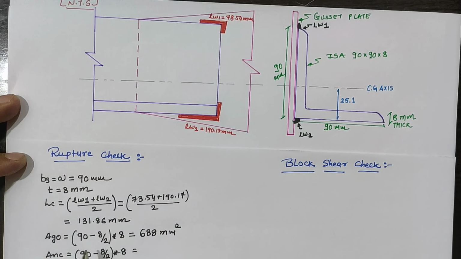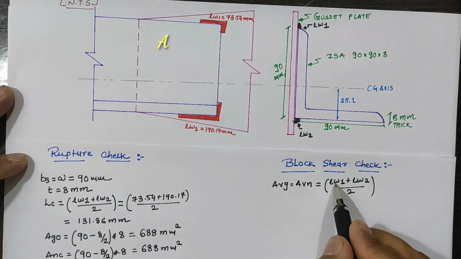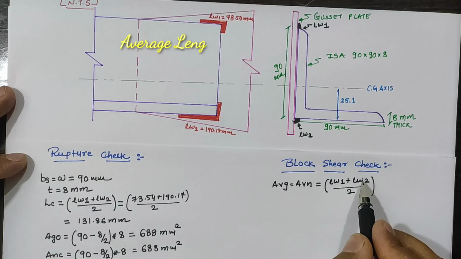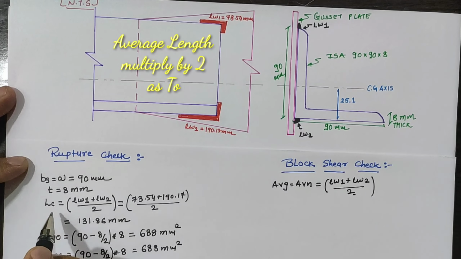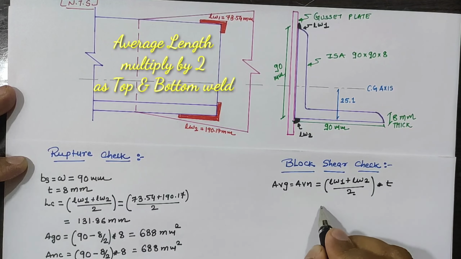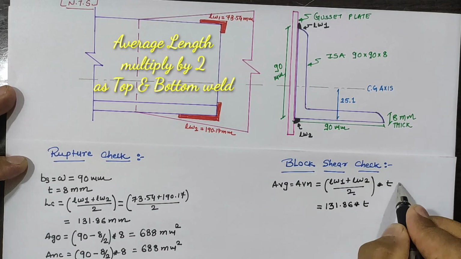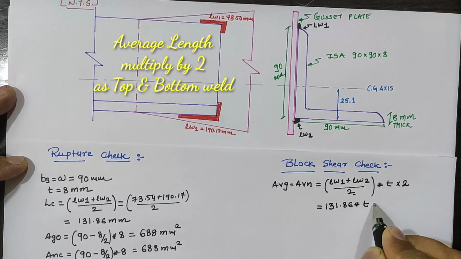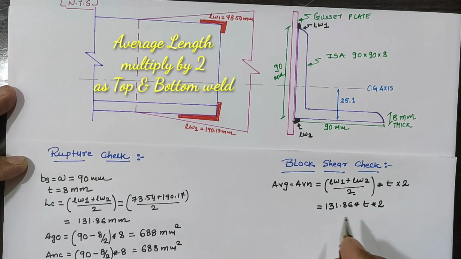Now for block shear, we require net shear area and gross shear area as Avg and Avn, which is equal to length of weld connected on top plus length of weld connected on bottom divided by 2, or we can say that the length of connection into thickness. Value is multiplied by 2, so it is equal to 2 into length of connection into thickness.